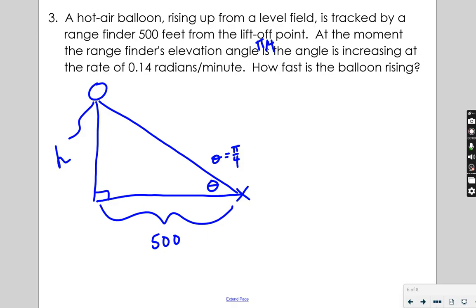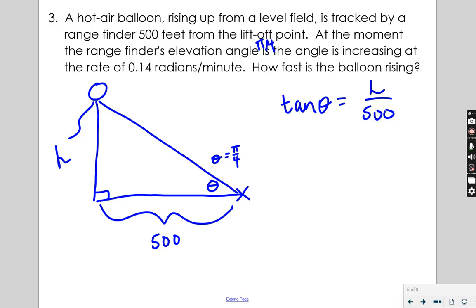Okay, so we have an angle and two sides. How do you think we could come up with an equation to relate those? So what sides do I have? So tangent theta equals h over 500. Okay, so let's take the derivative.